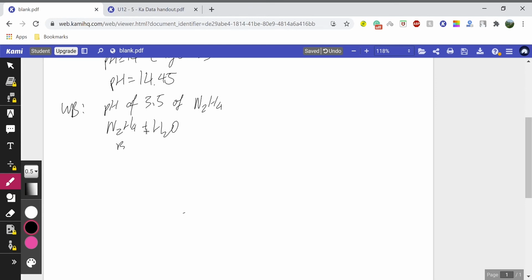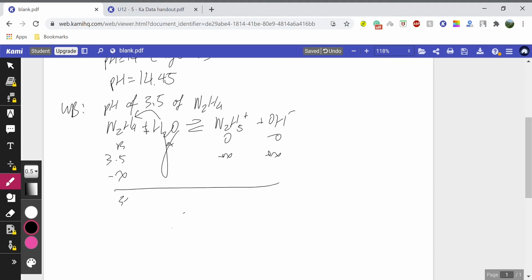Since this is a base and this is an acid, the base will be accepting a proton to form N2H5 plus and OH minus. Now I have 3.5 minus X, and the products start at 0, 0, plus X. So it's going to be 3.5 minus X, and over here X and X.